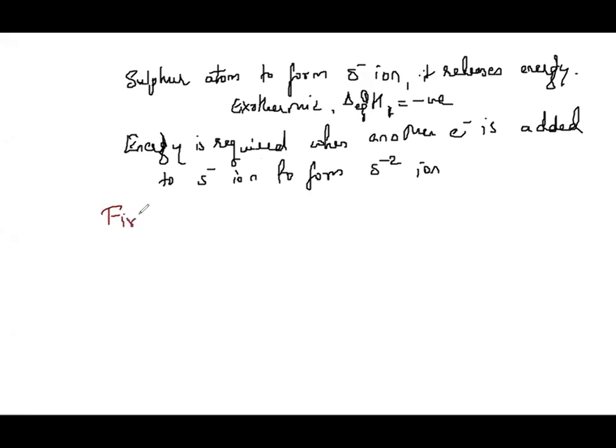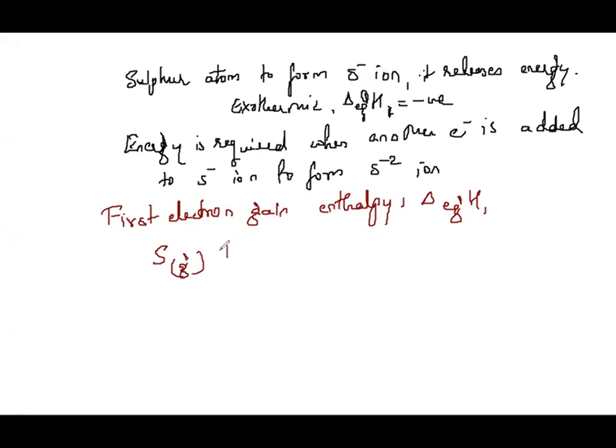First electron gain enthalpy, delta Eg H1. A neutral gaseous sulfur atom gains one electron and forms S minus 1. Delta Eg H1 for sulfur to gain one electron and form the sulfur minus ion is minus 200 kilojoules per mole.